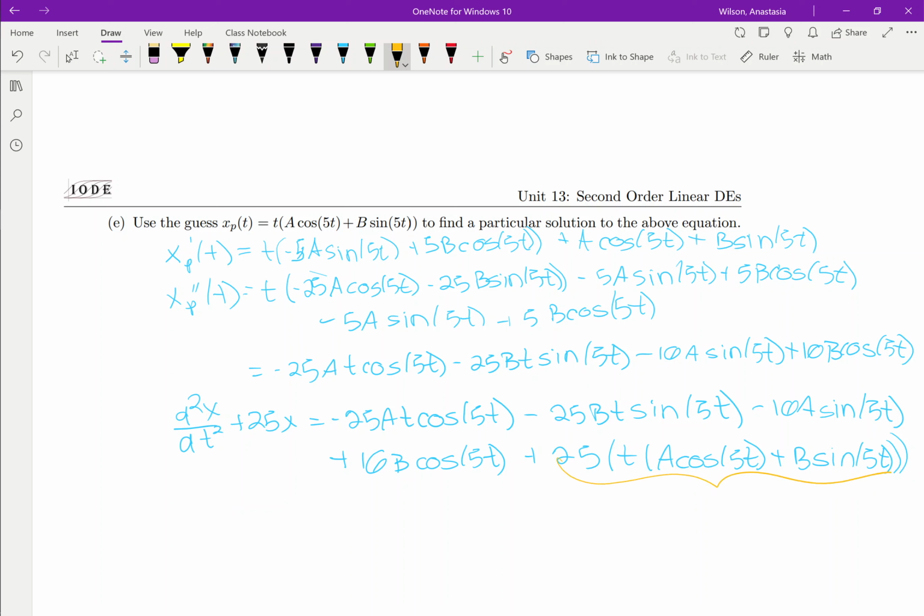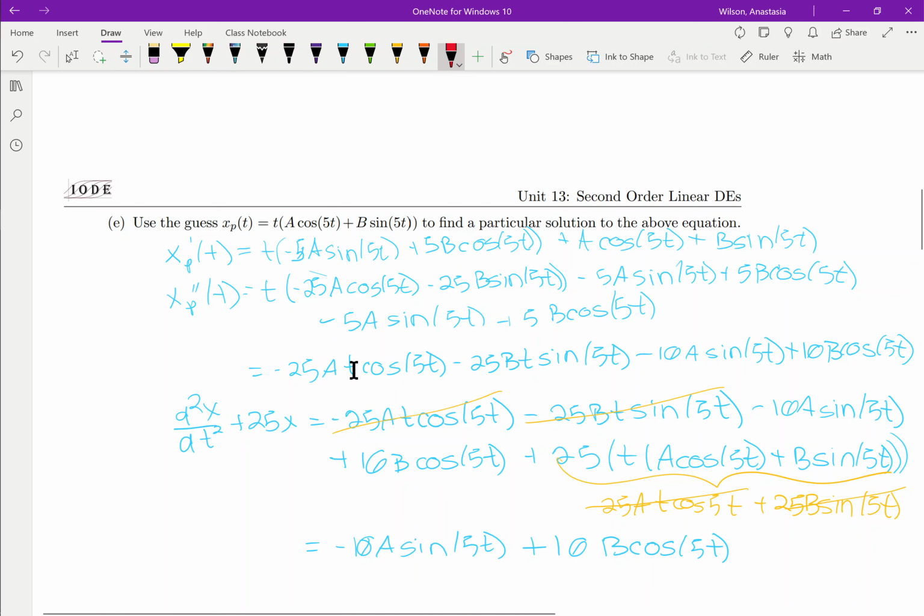Notice if we distribute this, we will get 25at cosine of 5t plus 25bt sine of 5t, and those two terms cancel out with these first terms. So what we are left with then is negative 10a sine of 5t plus 10b cosine of 5t.